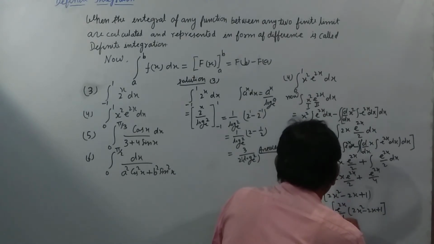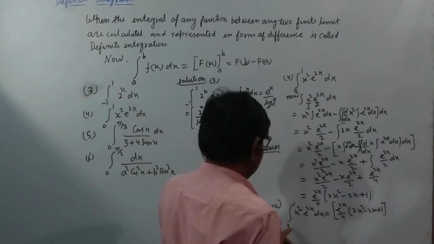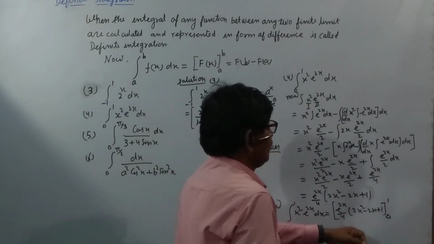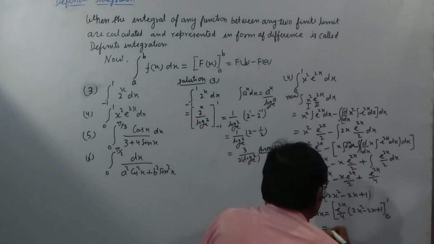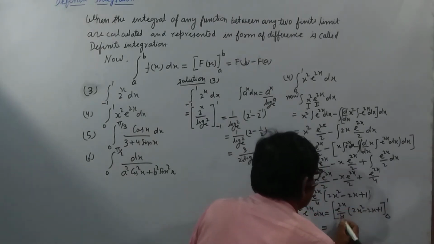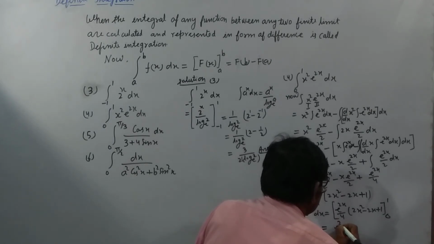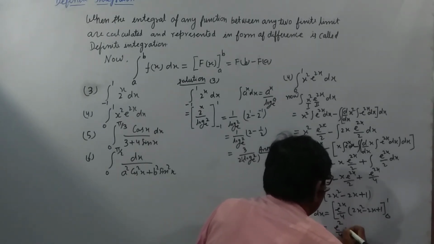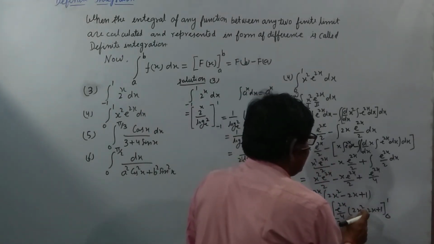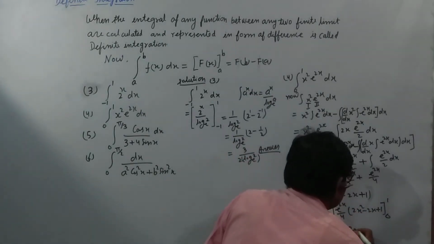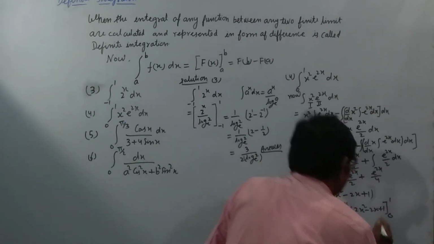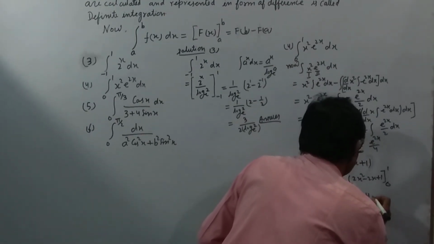Now the limit is 0 to 1. Putting upper limit 1 and lower limit 0 here. x is equal to 1: this is e to the power 2 by 4, and this is 2 times 1 to the power 2, that is 1 here, 2 minus 2x is equal to 1, 2, plus 1.